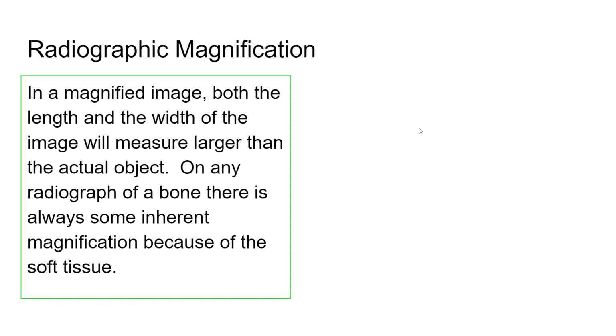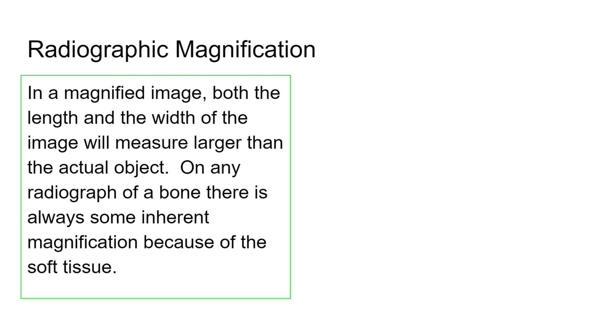So magnification, as I was saying before, both the length and width, everything gets magnified in a uniform way. That's what this is saying. There's always going to be some inherent magnification also. So let's back up for a quick second. OID creates magnification, right? So if we're doing a forearm, we want to put the forearm as close as we can to the image receptor.